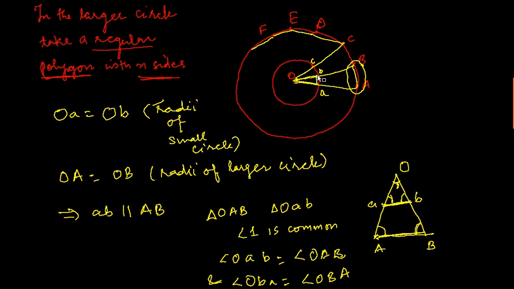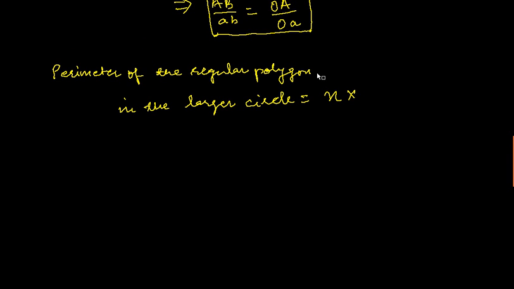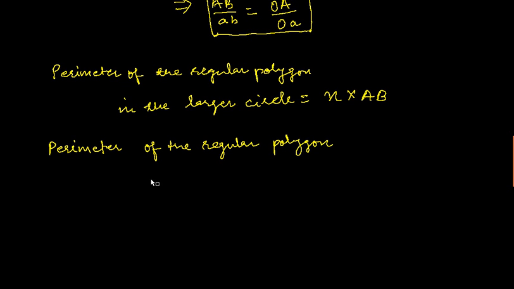Similarly for the corresponding regular polygon in the smaller circle, the corresponding side is small a small b. So the perimeter of the regular polygon in the larger circle is n times side AB, because the sides are equal, and the perimeter of the regular polygon in the smaller circle is equal to n times small a small b.